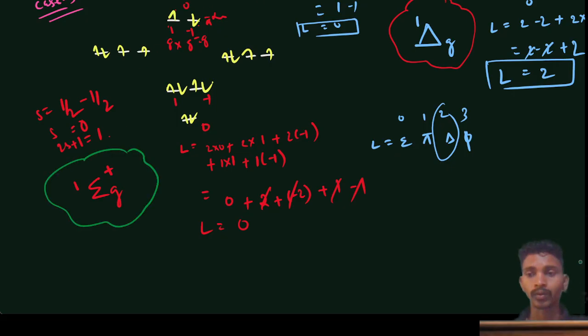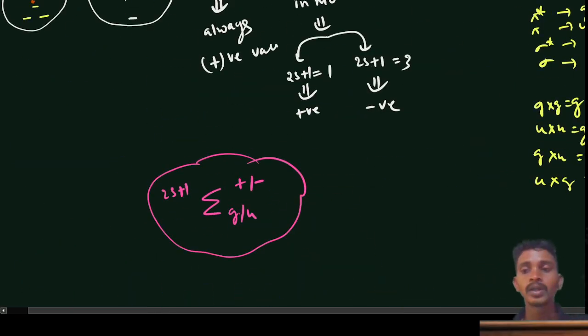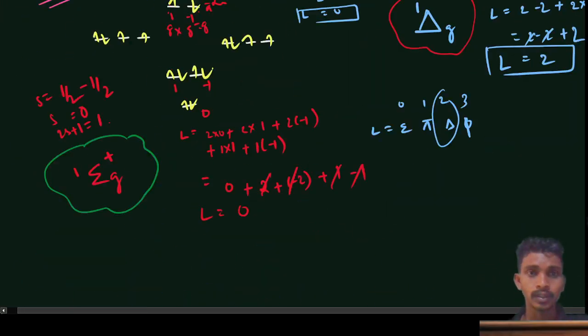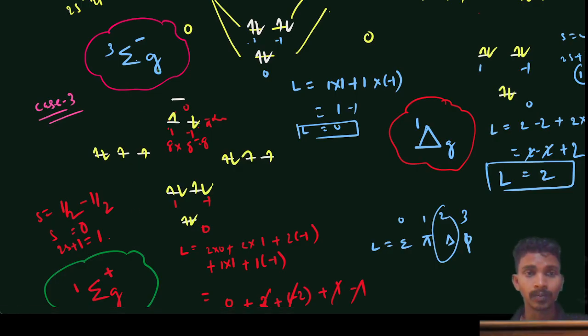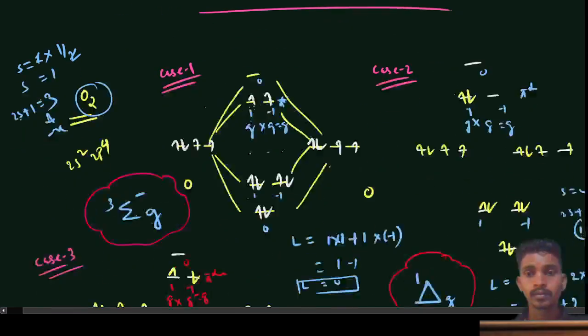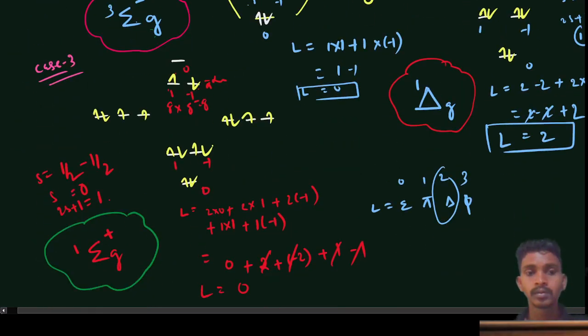These are the terms for this O2. So now from here we understand which is the ground state. Now we look at which is the ground state from case 1, case 2 and case 3. How will you compare for ground states?